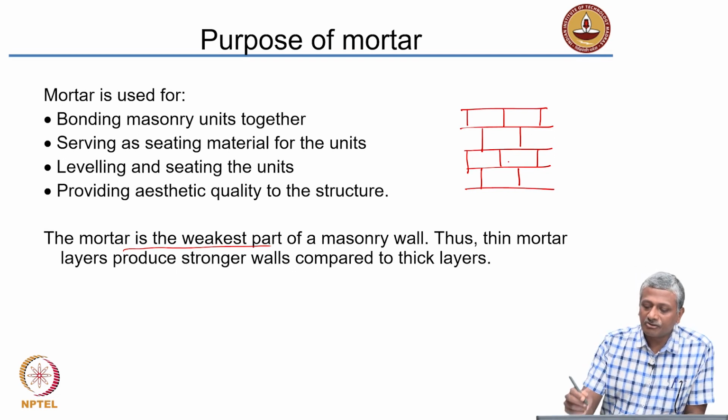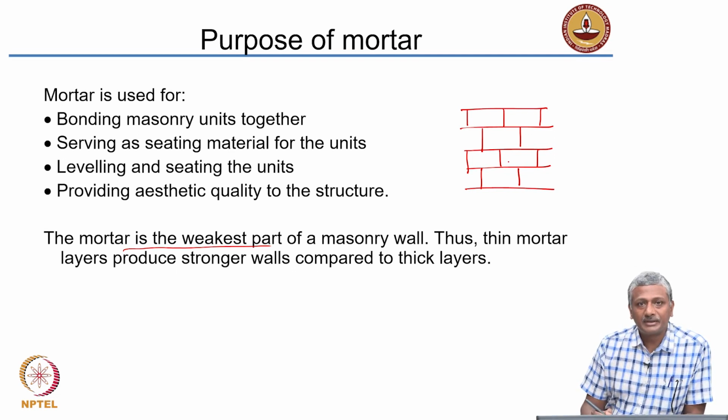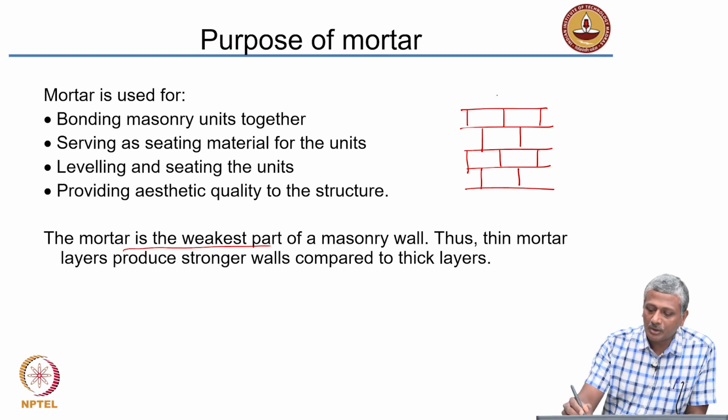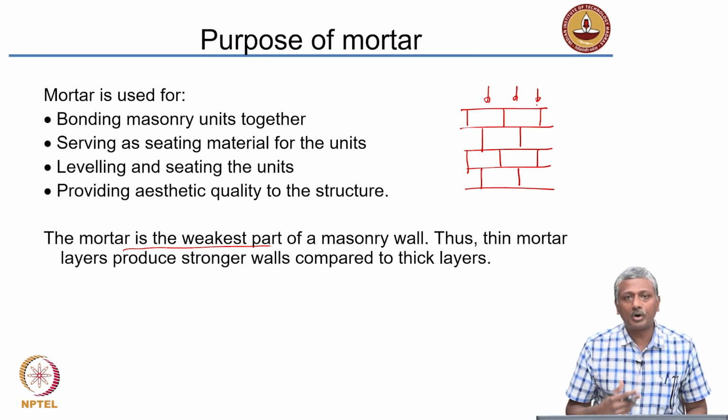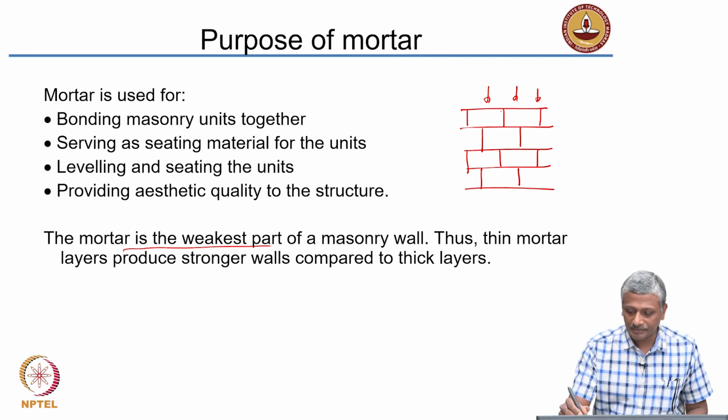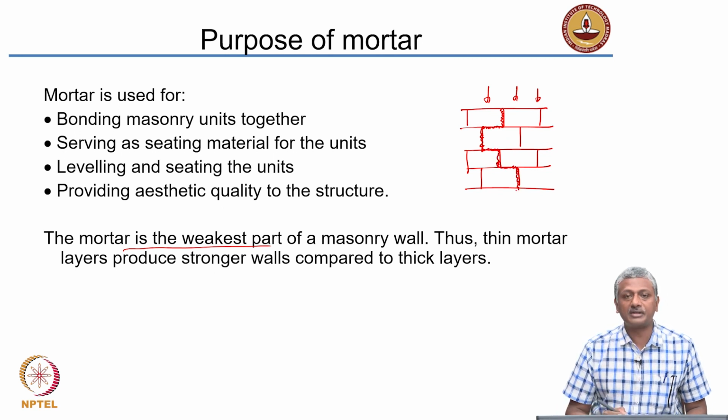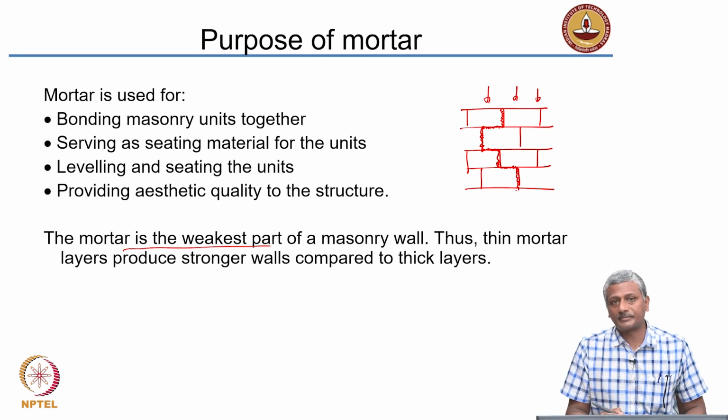So, if the arrangement is like this, what will happen now is when you are having a load on this wall, the wall will tend to fail, right? Now, if the mortar is weaker than the block, the failure will come like this. The crack will probably go like that along the masonry joints or along the mortar joints.